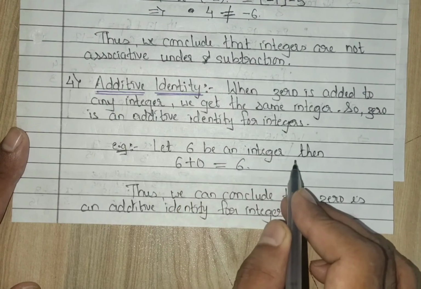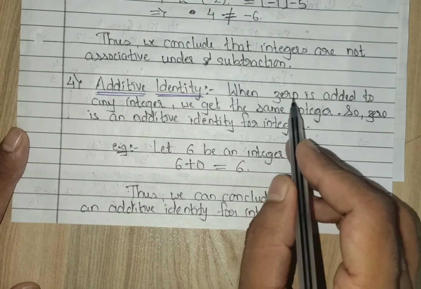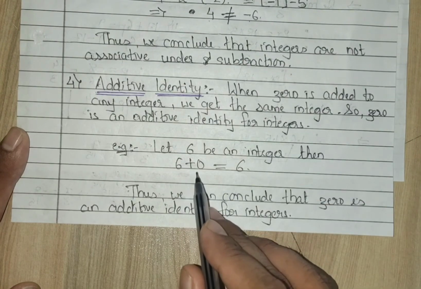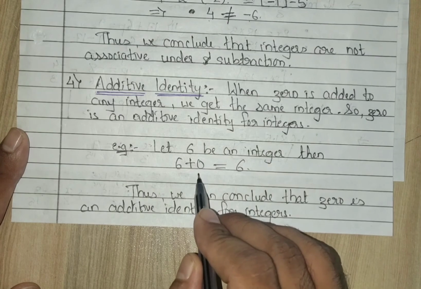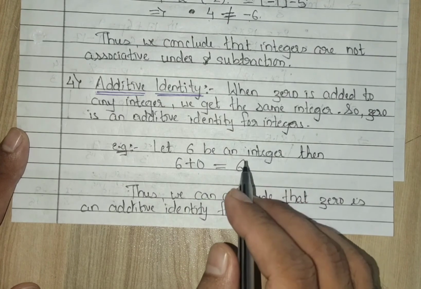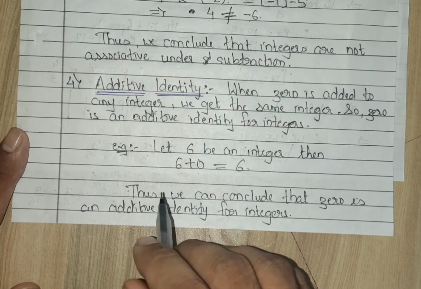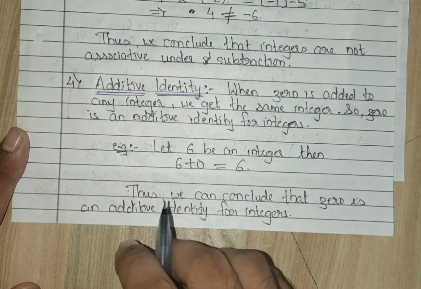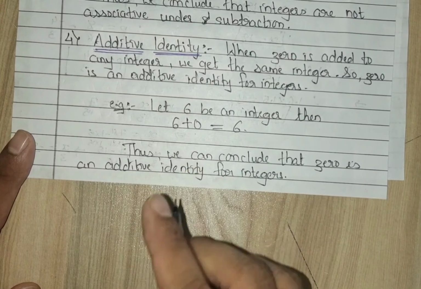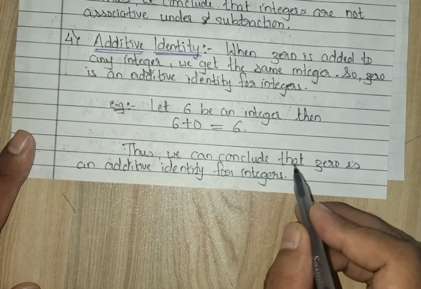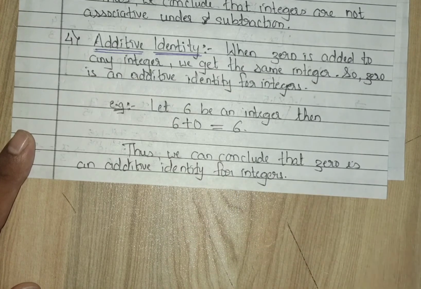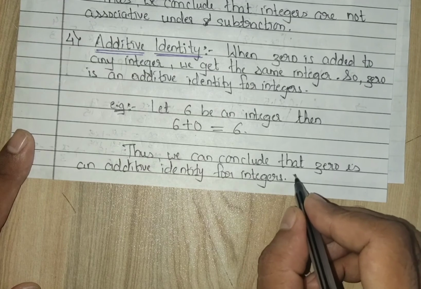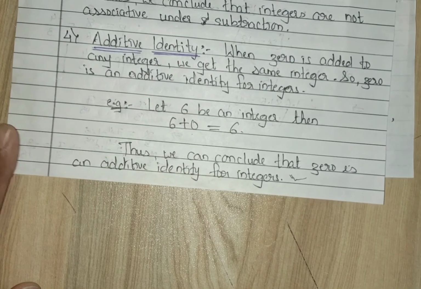Let 6 be an integer, then if we add 0 to 6, I will get the answer 6 only. You take any integer, you add 0 to it, you will get that number only. Try it yourself. Thus, we can conclude that 0 is an additive identity for integers. This can be asked in fill in the blanks, so please remember it properly.